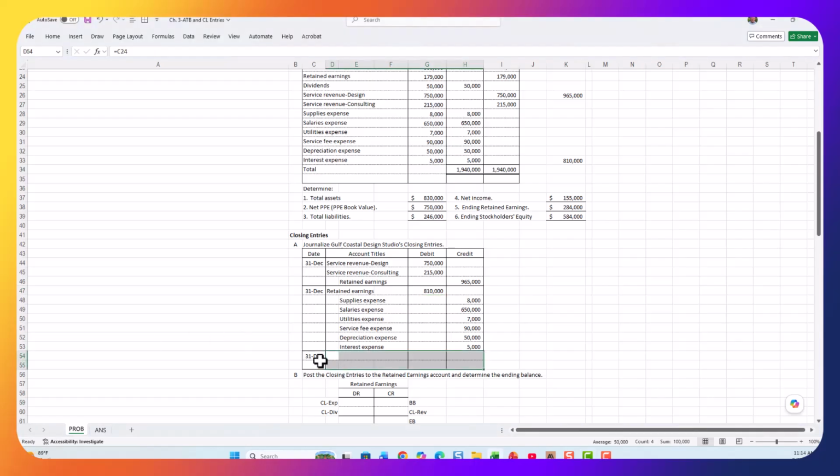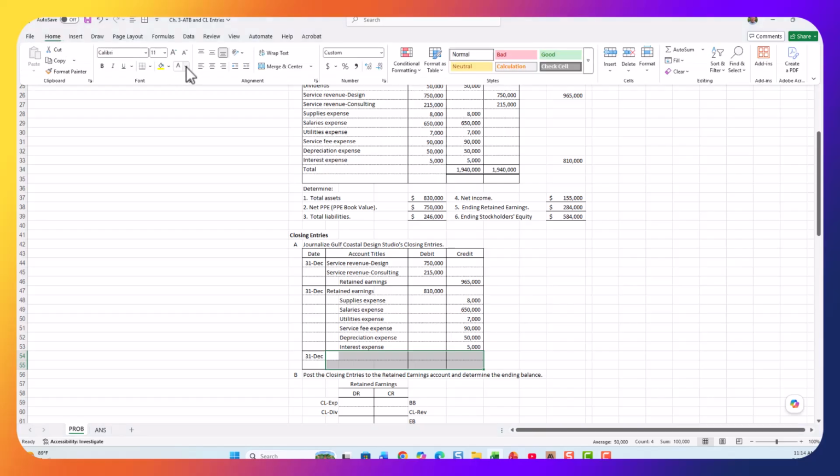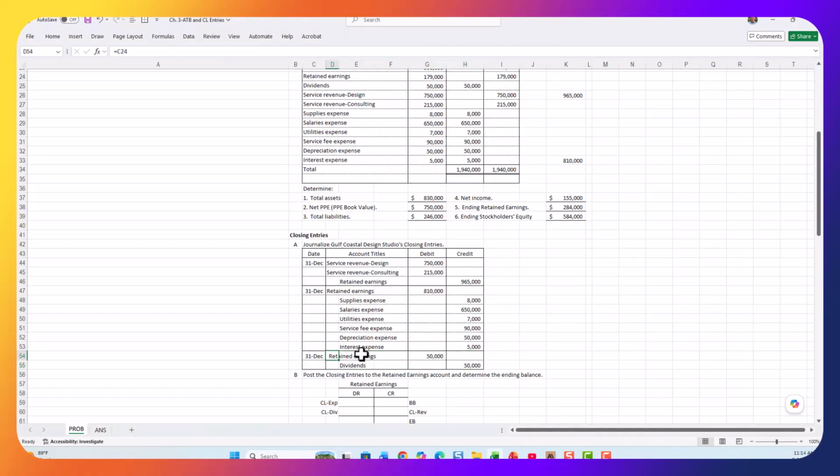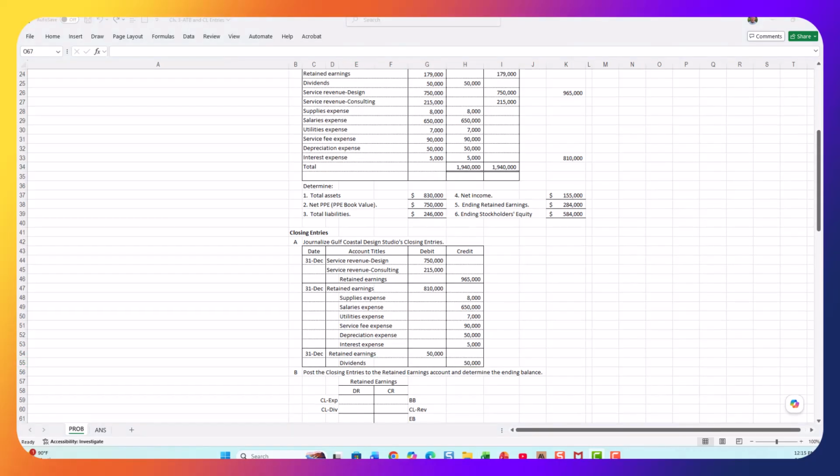Entry 3 closes out dividends. Here we'll debit retained earnings for $50,000 and we'll credit dividends for $50,000, bringing its balance to zero. Now that we've journalized each of the 3 entries, we're ready to post to the general ledger.